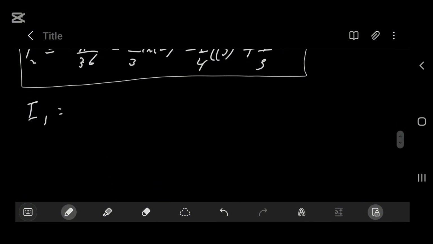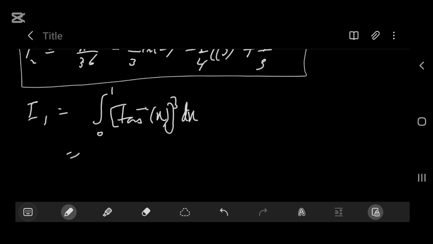And what we have for I1 is actually the integral from 0 to 1 of arctan of x cubed dx. To solve this one, first we need to do integration by parts. We can take x times arctan of x cubed.